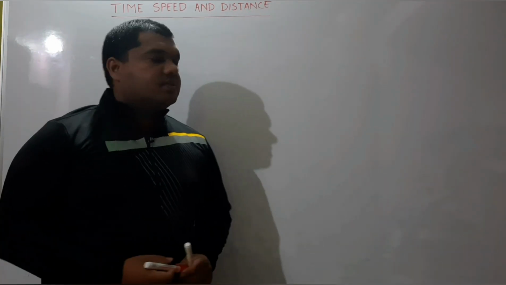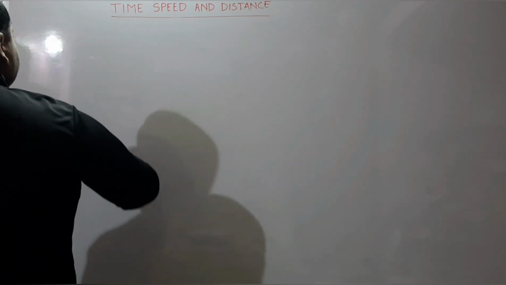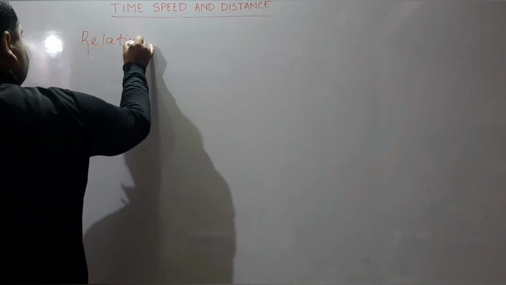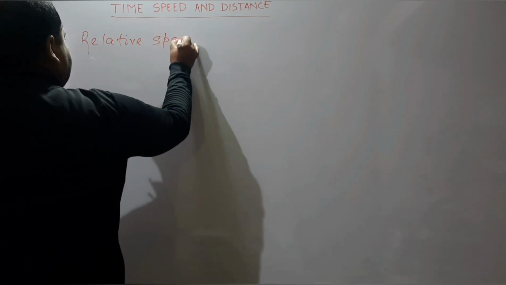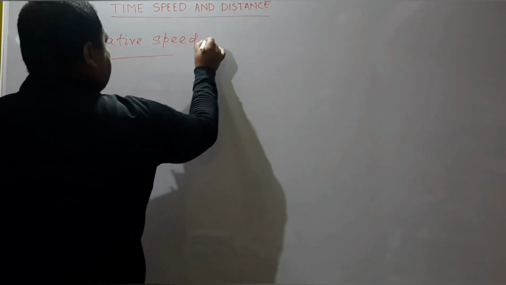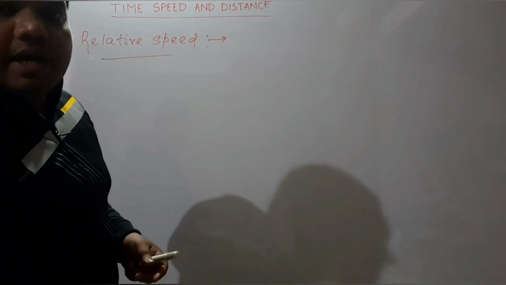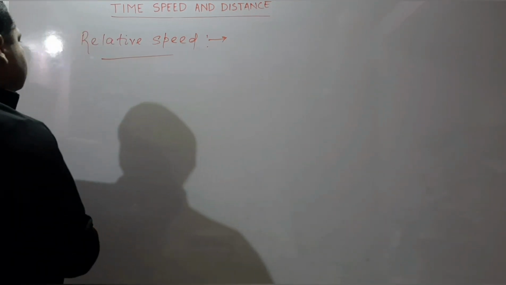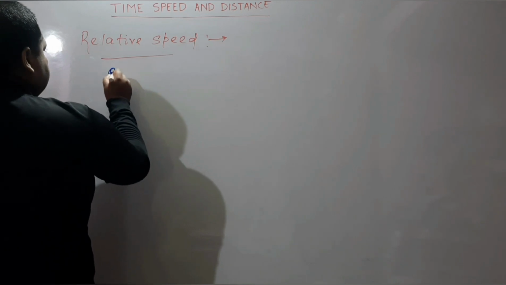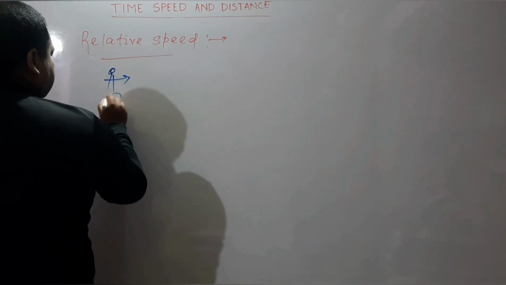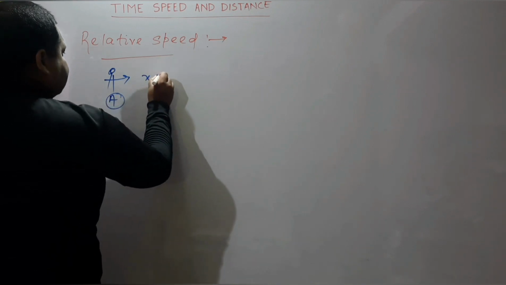Okay, now discuss relative speed. What do you mean by relative speed? When two bodies are in motion, you can calculate relative speed. Suppose this is body A. Its speed is x kilometer per hour.